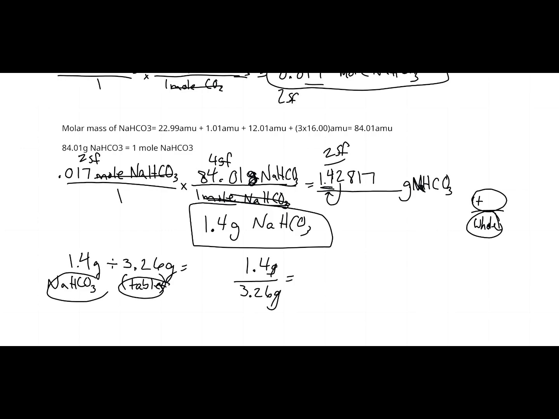Now, because we are doing division, we have to follow the rules of how many significant figures we get to keep. We're going to divide the 1.4 by 3.26, and the answer we get is 0.4294 and so on. But we already know we're going to be limited to 2 sig figs, which are these 2 here.